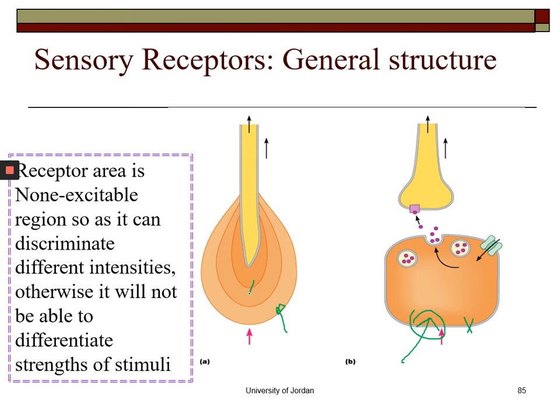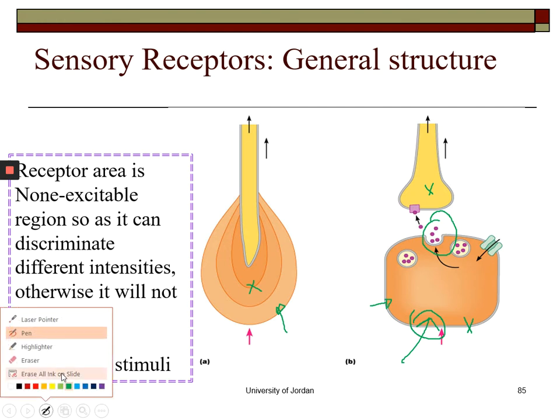It is generator potential when the area is the terminal part of the neuron, and receptor potential when the receptor is separate. When the receptor is separate, there is a change in the membrane potential here, for example depolarization. This depolarization causes release of neurotransmitters or chemicals. These chemicals affect the afferent neuron and cause the afferent neuron to transmit impulses.